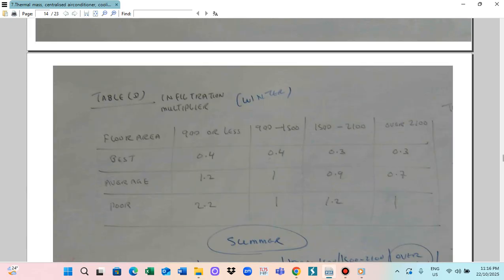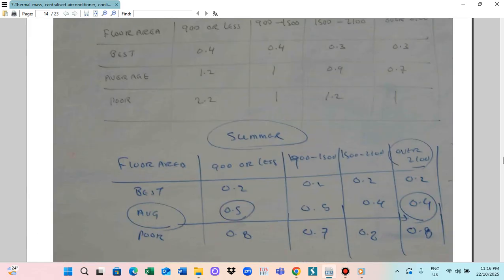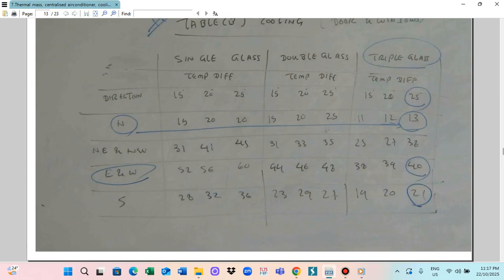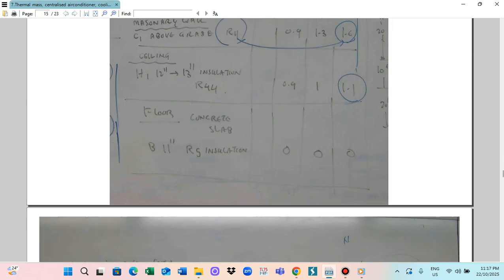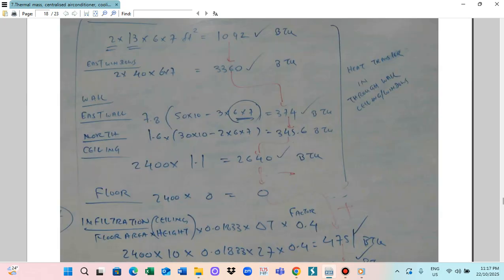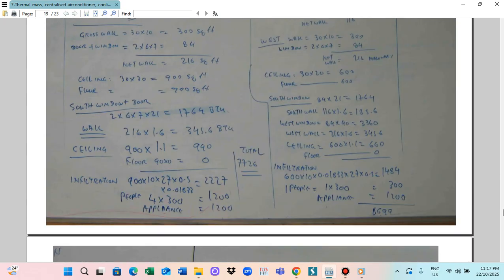For the 25 degree difference, you have to take 21. So 21 multiplied by the area 216, and by this way you get 34556 BTU. So this is heat transfer.